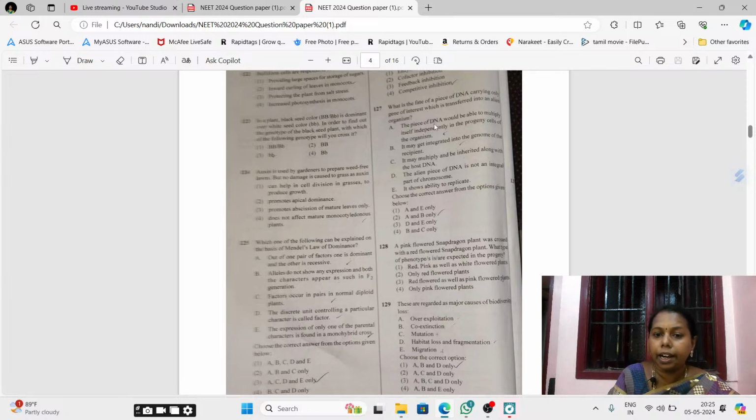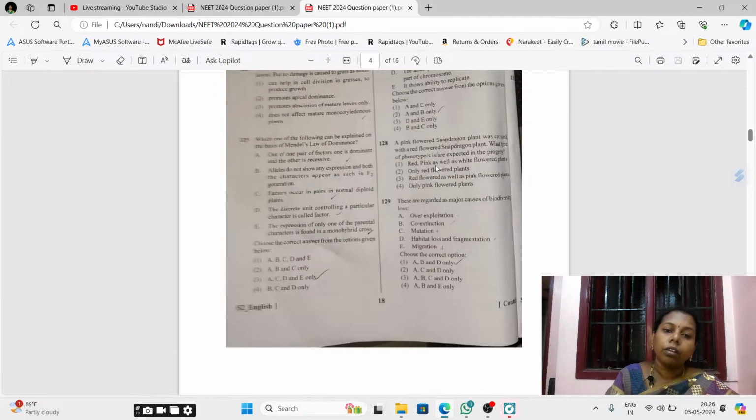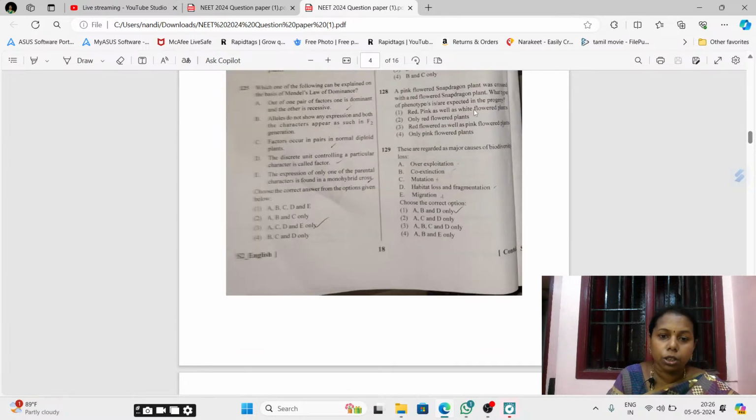So it will integrate and multiply. So the answer is A and B only. Now 128. A pink color snapdragon plant was crossed with a red color snapdragon plant. What type of phenotype can we express? Of course, 1:1 is a back cross actually. So we will get red flowers as well as pink flowers, which is in option 3.